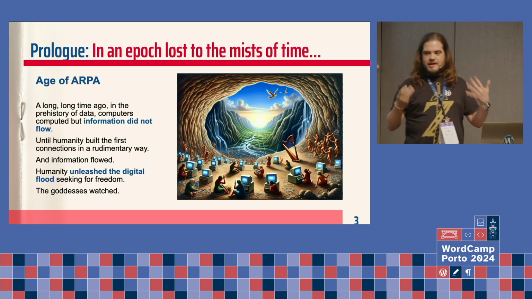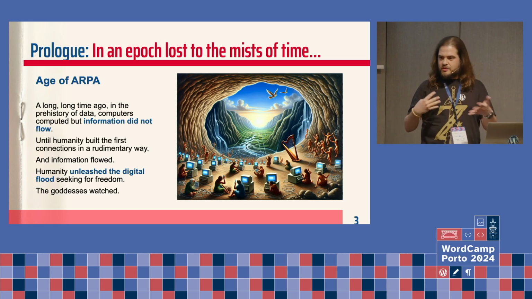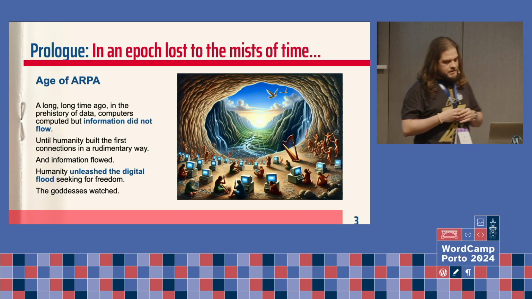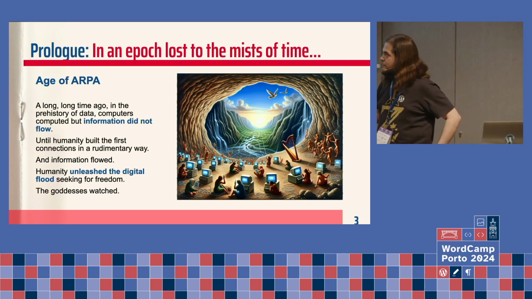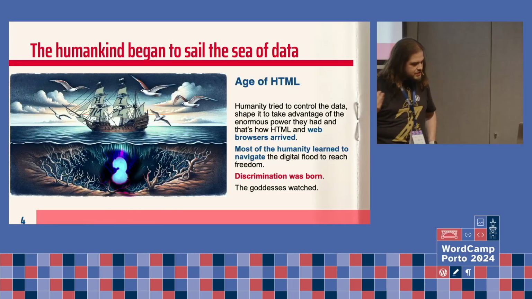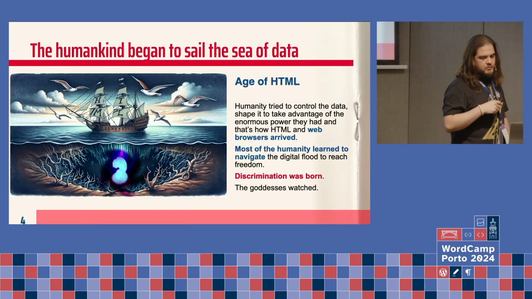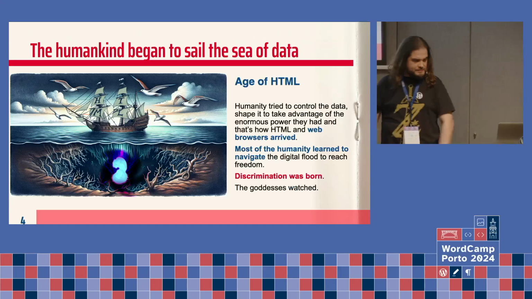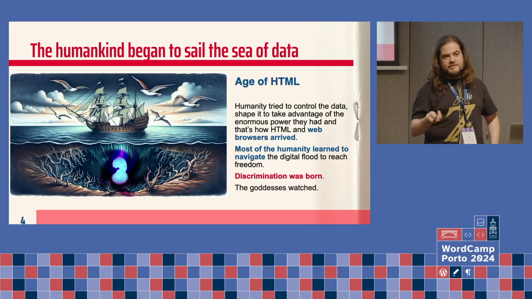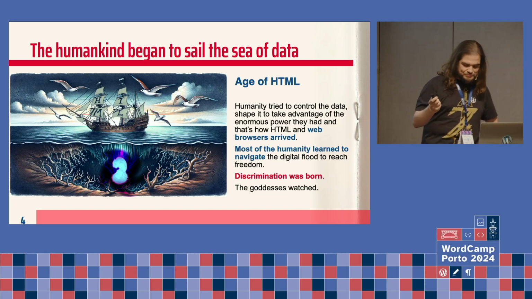Humankind started to make connections between computers, and this way they unleashed the digital flood. Many ages, many centuries after that, web browsers appeared, and most of humanity, not everybody, learned how to navigate. At that moment, discrimination was born.